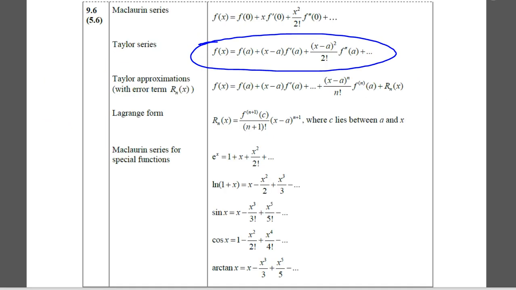Remember, I'm using this formula here, right? So just plugging in these values and seeing what we end up with. All right, let's carry on.